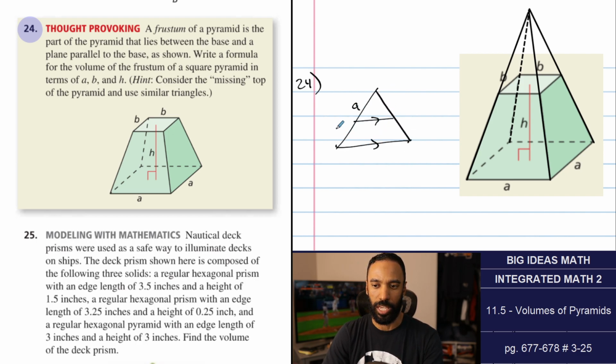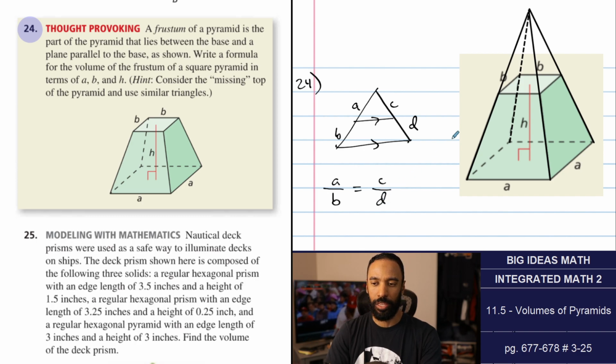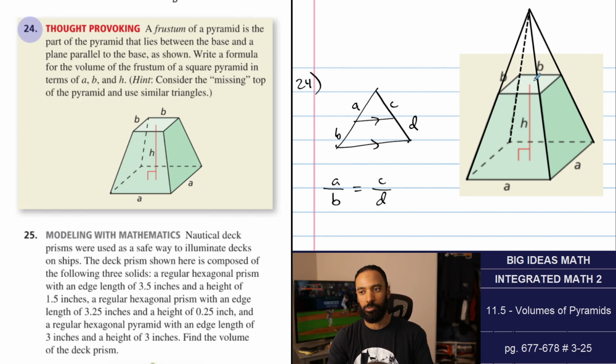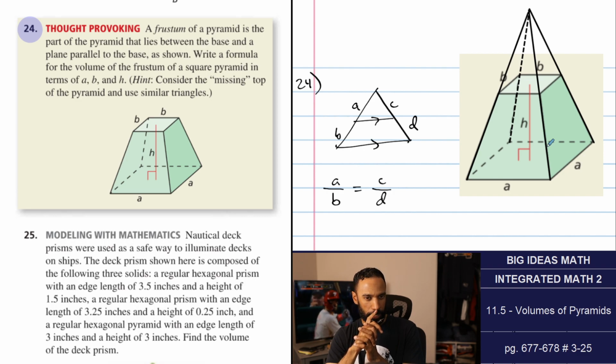It's not necessarily a mid-segment, but A over B equals C over D, that kind of thing. And I'm missing that top portion, but I'm thinking about how that can apply as far as how many times B is in comparison to A. I'm thinking that whatever B over A is, got to think about that one. Think about whatever B over A is.